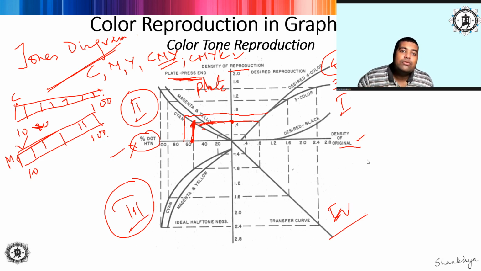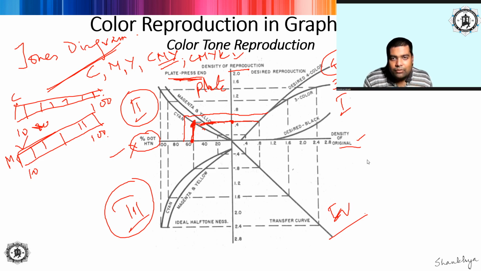To calculate the data in the third quadrant, we have to choose a point on the original x-axis in the first quadrant. Then we have to trace up to the desired three color curve, then across to the curve representing the particular printer that is plotted in the second quadrant.